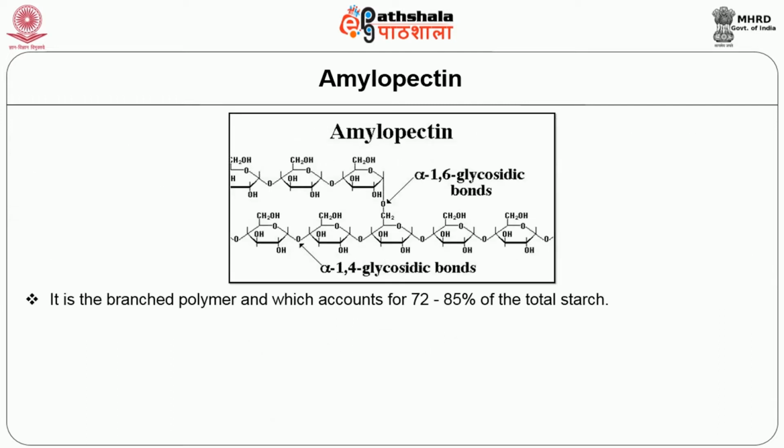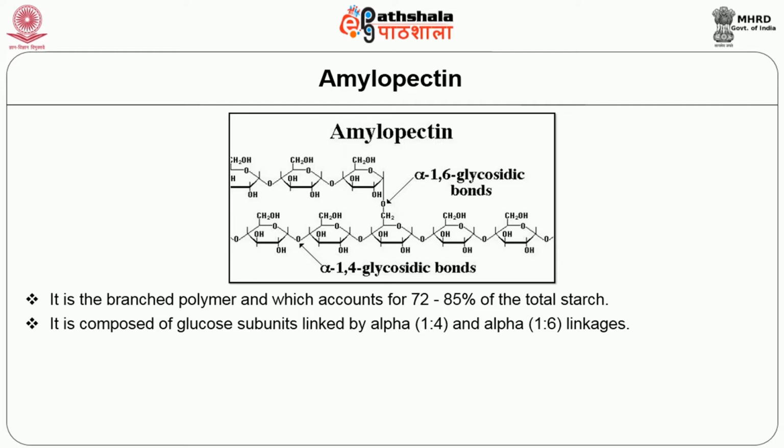Next we will see about amylopectin. It is the branched polymer and accounts for 72 to 80% of the total starch. It is composed of glucose subunits linked by alpha 1:4 and alpha 1:6 linkages. It has a molecular weight of 5000 to 50,000 glucose units.